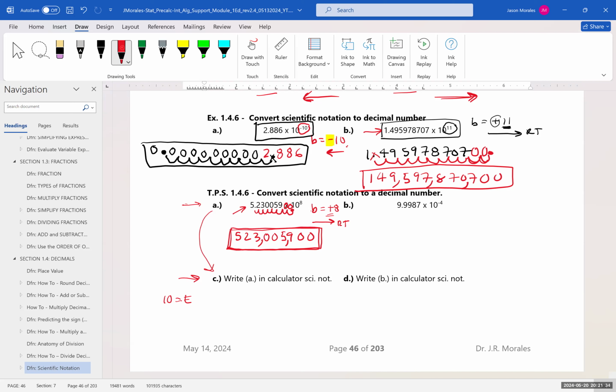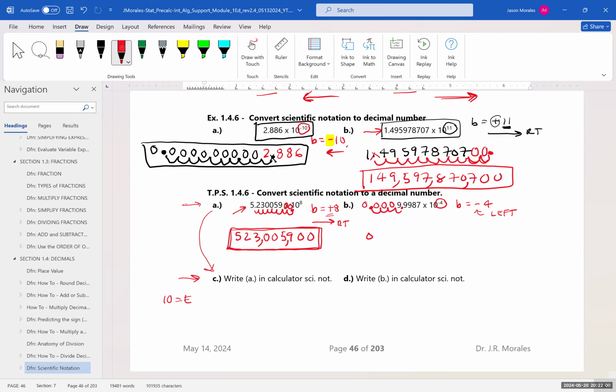Now let's look at the next one. So here you can see that B is -4. Because it's negative, this means we're going to be moving the decimal place to the left 4 spaces. So starting here, we're going to go 1, 2, 3, 4, and put a decimal point. And we'll put zeros in as placeholders.